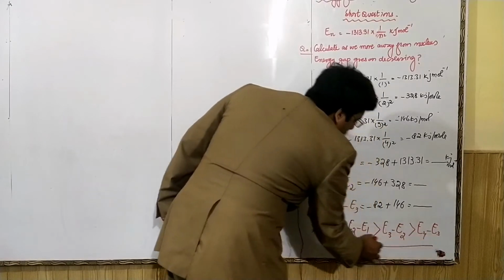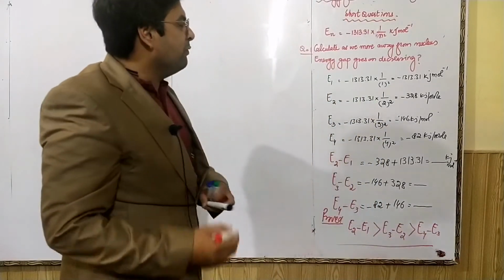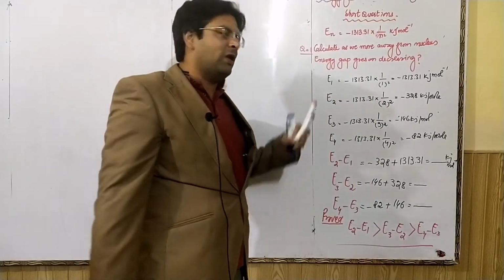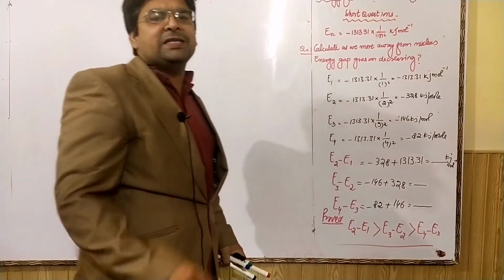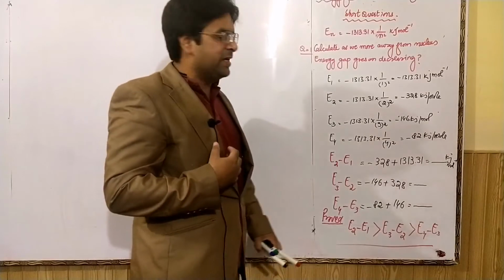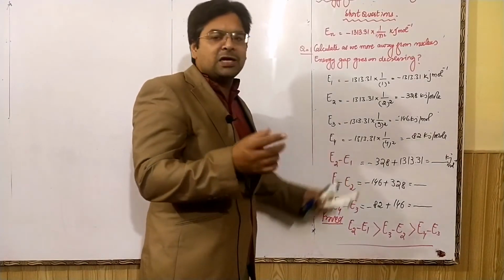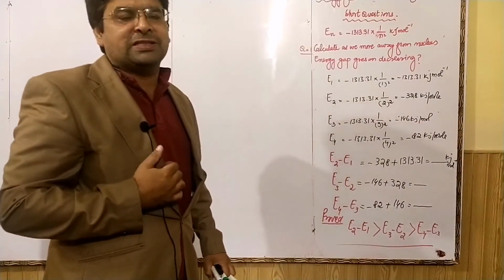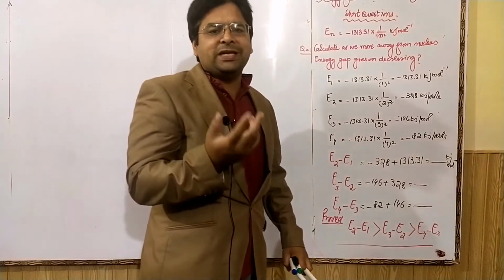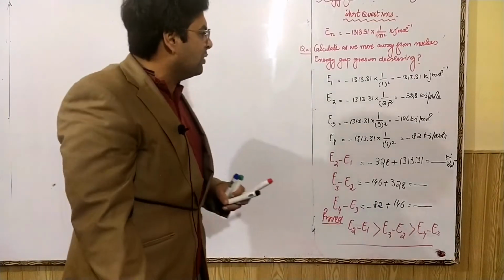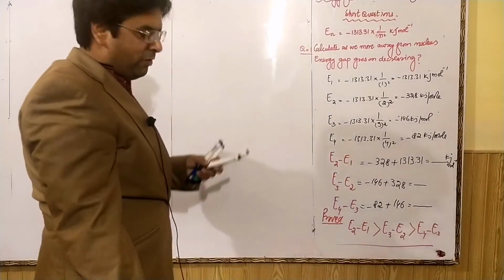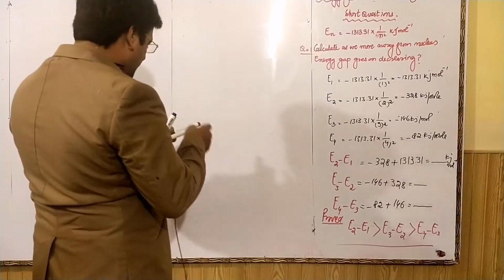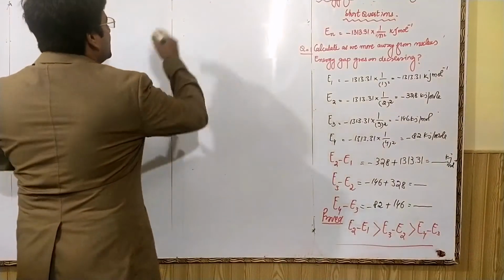Hence we have proven that as we move away from nucleus, energy difference is decreasing. It is opposite to the radius difference. Radius difference was increasing as we move away from nucleus, but energy difference is decreasing as we move away from nucleus. Next question is question number 2.